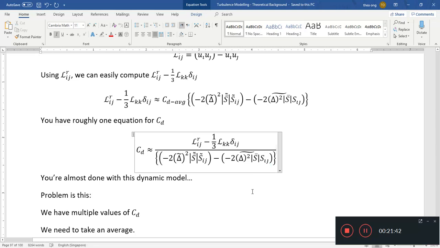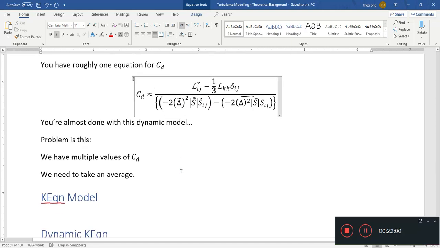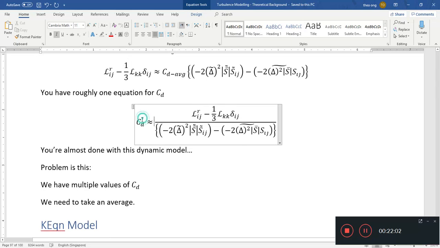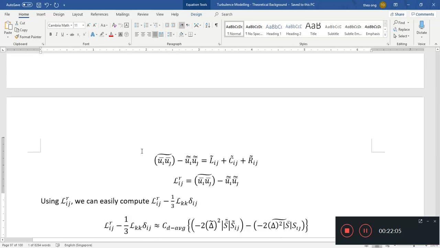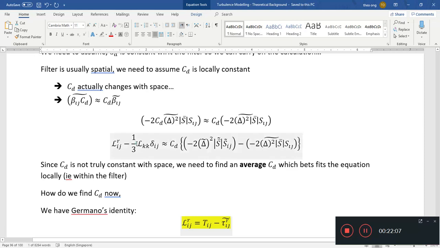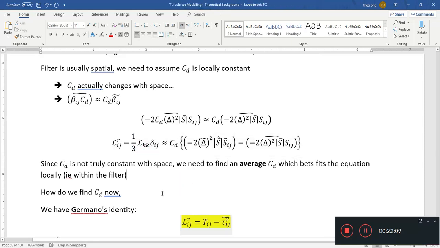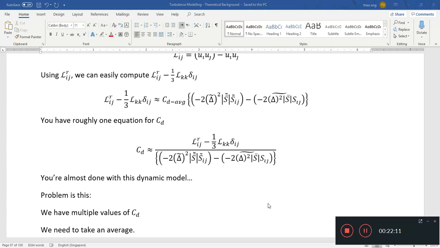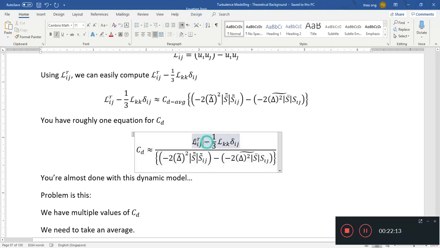So you have this kind of issue where I need a single value, but now I have multiple values of CD depending on which element of the matrix I use. So we do need to take some sort of an average to find this CD, and this is not the same average as the one that we have here to approximate. This is an average across the matrix.